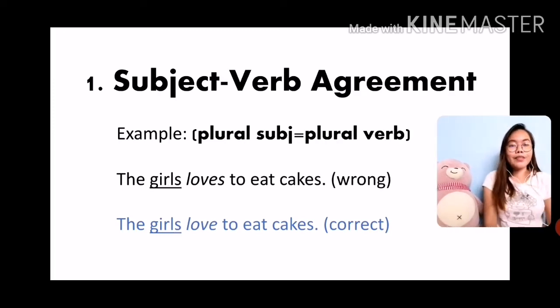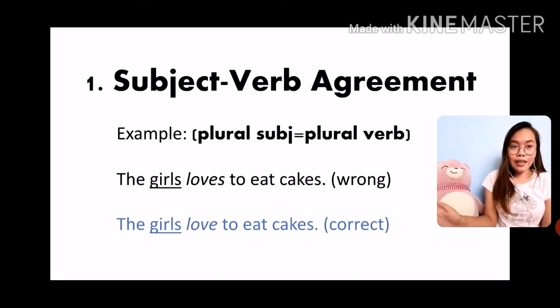Next, still with subject-verb agreement. This time we will have the plural subject and plural verb. As what I've mentioned earlier, when we say the girl loves to eat cakes, this time our subject is girls. We have more girls, not only one but more. Therefore, this is a plural subject.